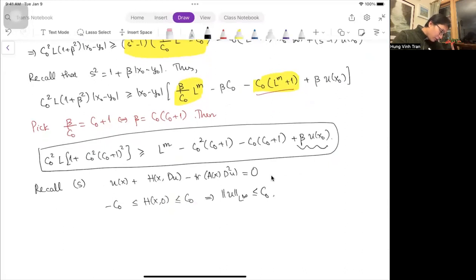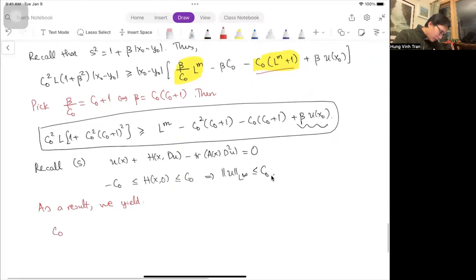Right. So overall, what do we get? As a result, we yield that C naught squared L plus C naught squared times (C naught plus 1) squared is greater than or equal to L to the m minus C naught cubed.